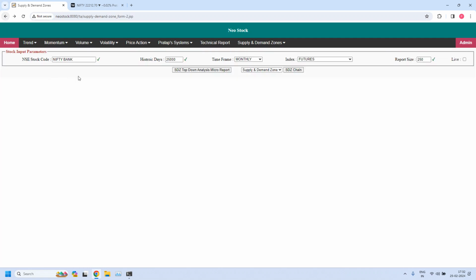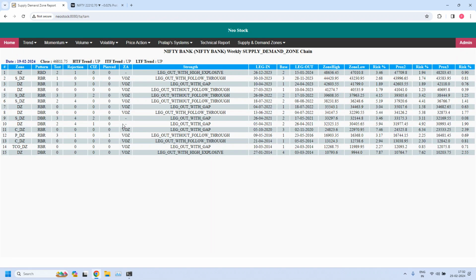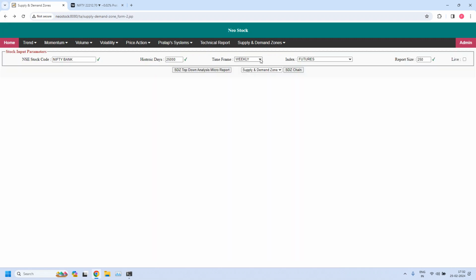Now let me go back and change the time frame to weekly and let me generate the chain. You can identify the high liquidities. So let me go back and change the time frame to daily. Let me generate the chain.